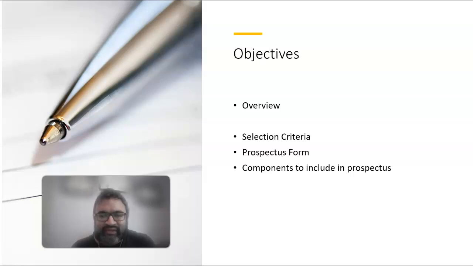More about that later. In this presentation, what I'll be going over is obviously an explanation about what 3XM entails. I'll give you an overview. I'll tell you about some of the selection criteria that we use to try to select individuals that are best fit for this. And then just include some components from the prospectus.